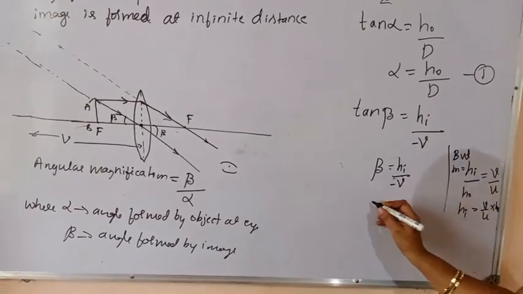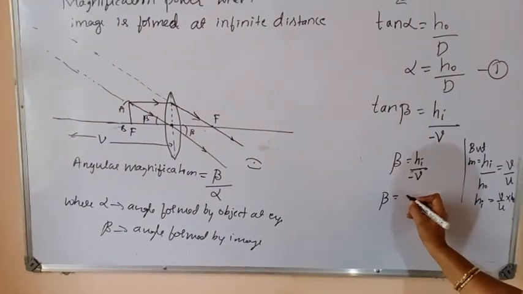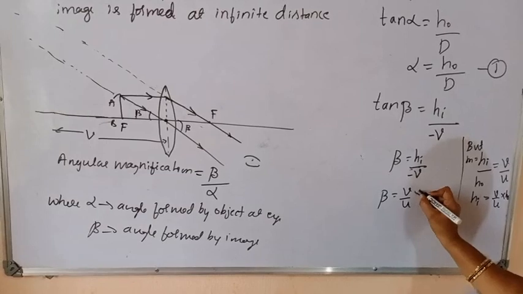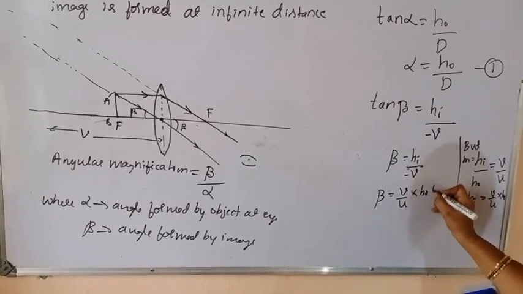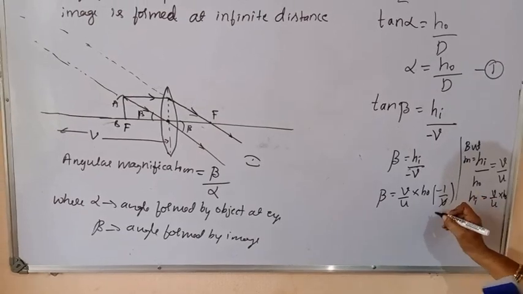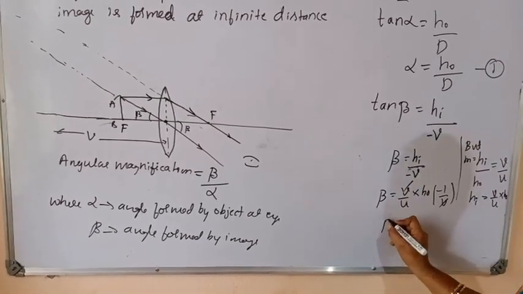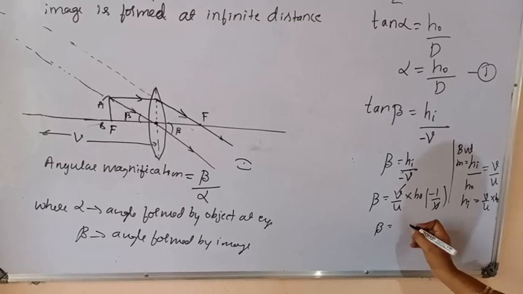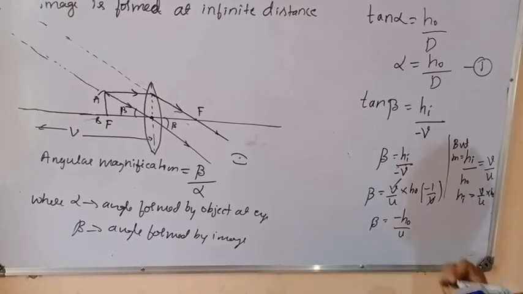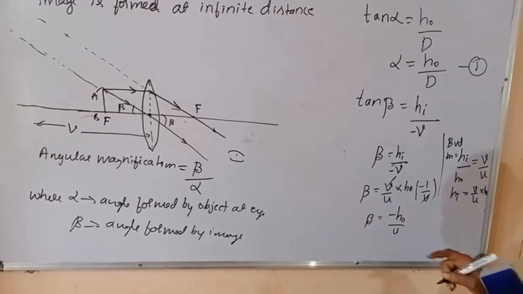I will substitute this in the equation for beta, that is beta is equal to V by U into H naught into minus 1 by V. Here V gets cancelled. Remaining is beta is equal to minus HO by U.